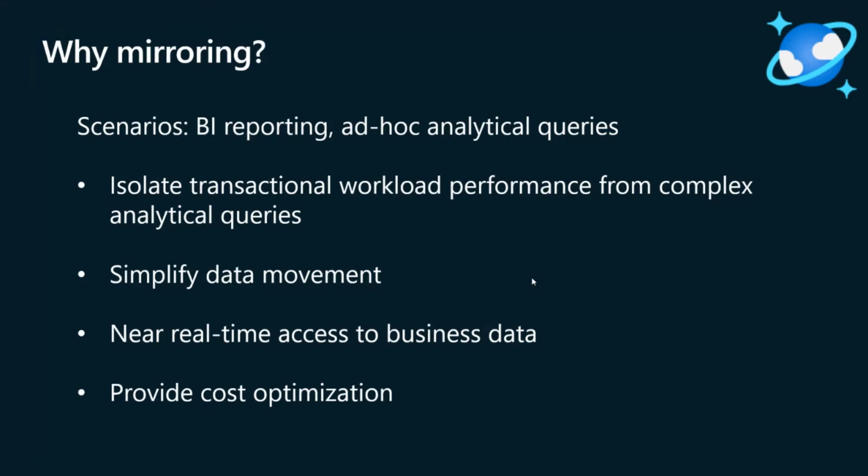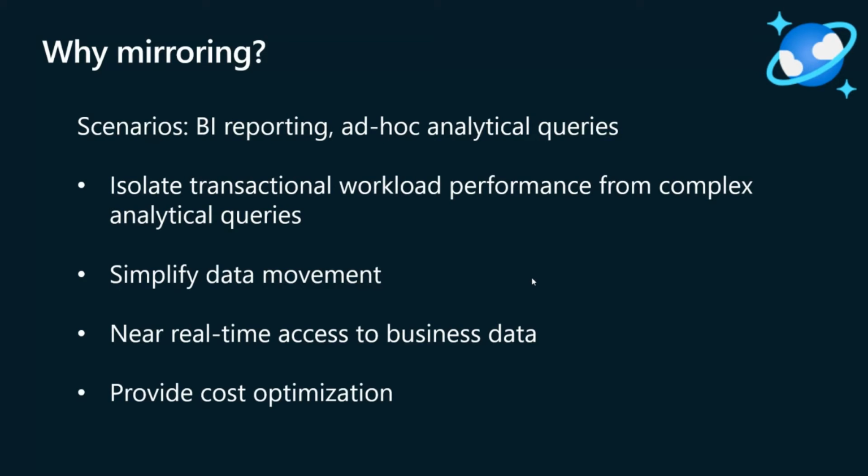So mirroring hopes to address that. Similarly, we also want to simplify the data movement. Today, the ETL processes are way complex to manage. So we want to give a very easy way to get the data out of databases into analytics, which is in Microsoft Fabric.